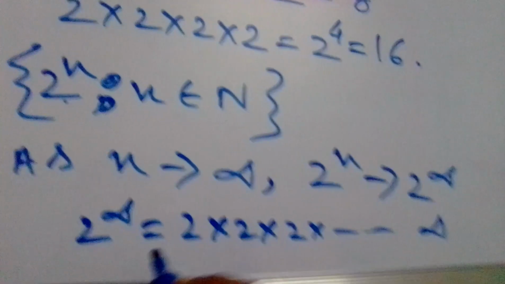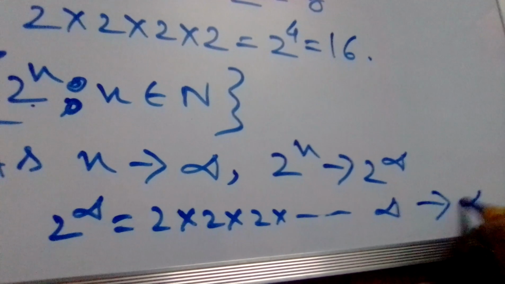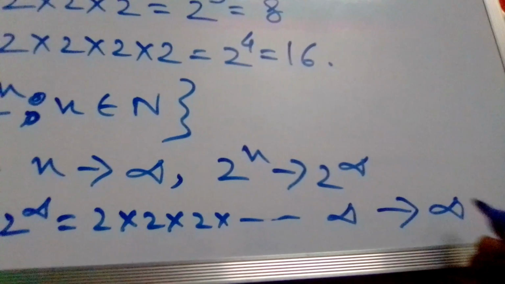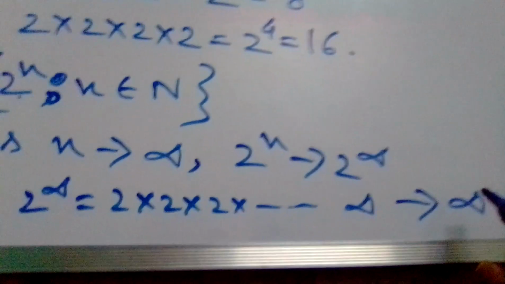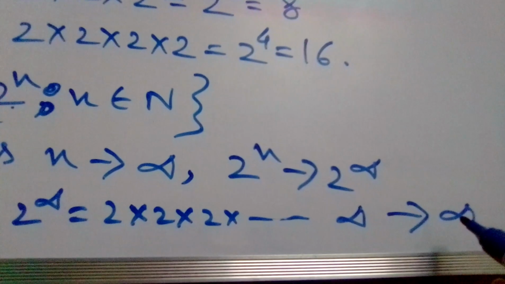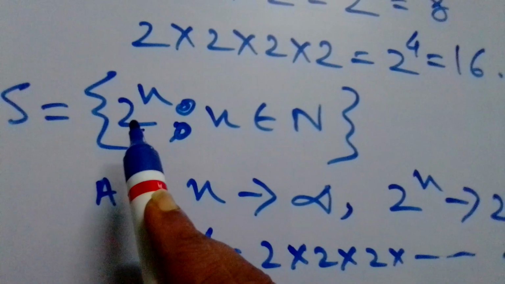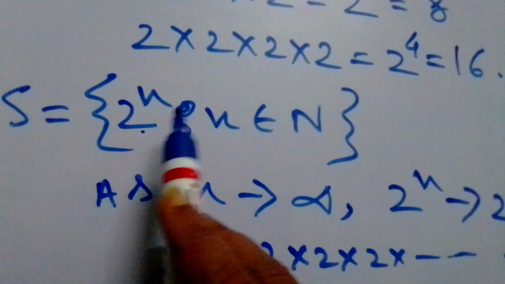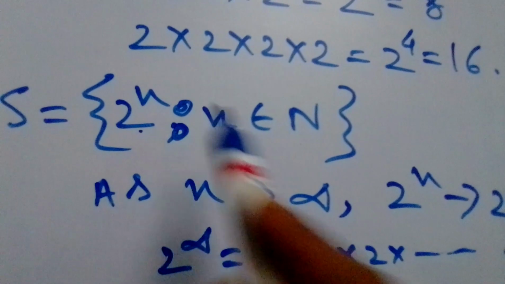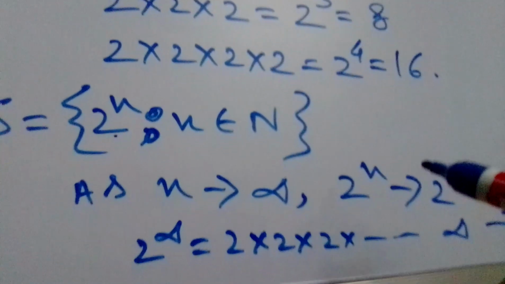So multiplication works in this way, and certainly that will also tend to infinity. It is an endless quantity. So in the power applications of infinity, we find an endless quantity that goes to infinity. And for any number, 3 to the power n, 4 to the power n, that also goes to infinity as the power goes to infinity. This is one way of applications.